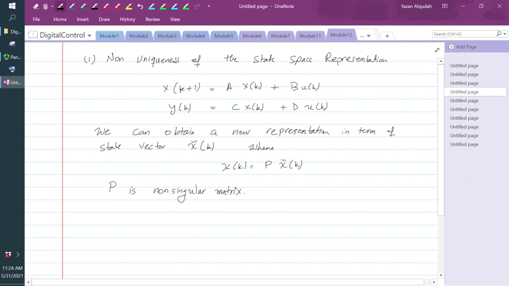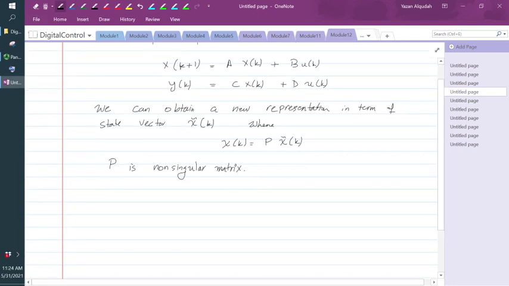Okay, so let's see what happens if I define x of k equal to P multiplied by x tilde. Now I'm going to substitute for x of k.